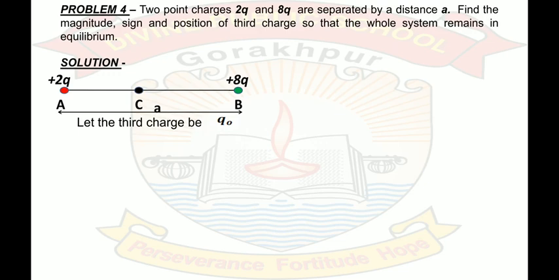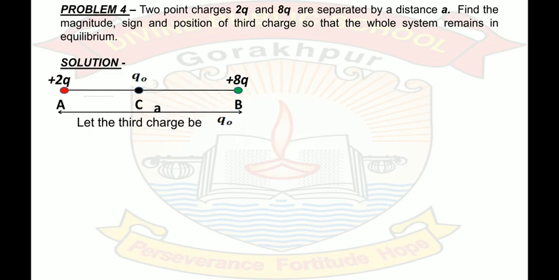Let this charge be q naught, as we have discussed. Now, plus 2q will repel q naught and the direction of force will be towards b.